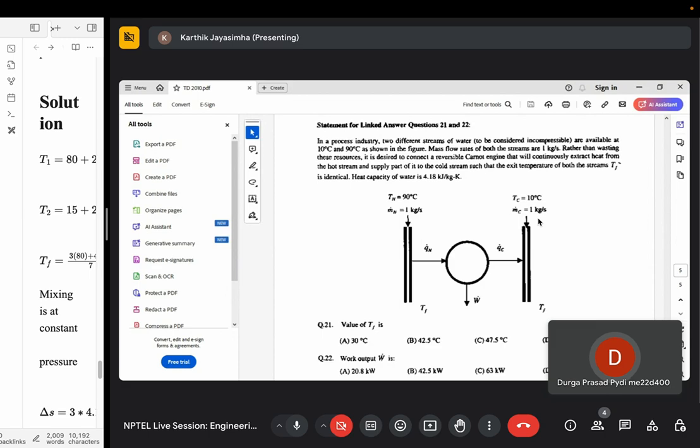Maybe you can tell me what you have done, then you can share your working in the chat box. So basically m dot Cp into (Tf minus 10) equals m dot Cp into (90 minus Tf), since m dot and c are the same. So 90 minus Tf equals Tf minus 10. That's what you have done.